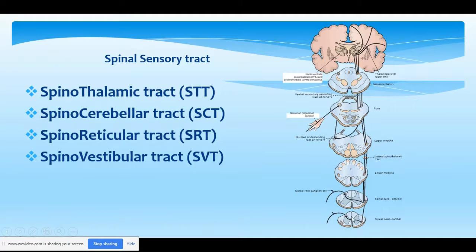So any damage along this pathway, all the way to the cortex, can cause pain. And in this case, the imaging studies show that the patient has damage to this tract.